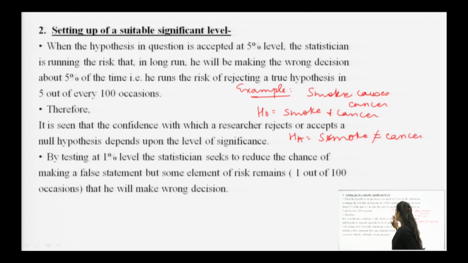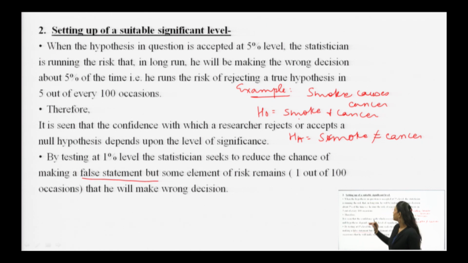When I say smoke and cancer are not related, that is making a false statement. But if we are talking about the 5% level of significance, then out of 100 judgments, I am making a false statement 5 times out of 100.